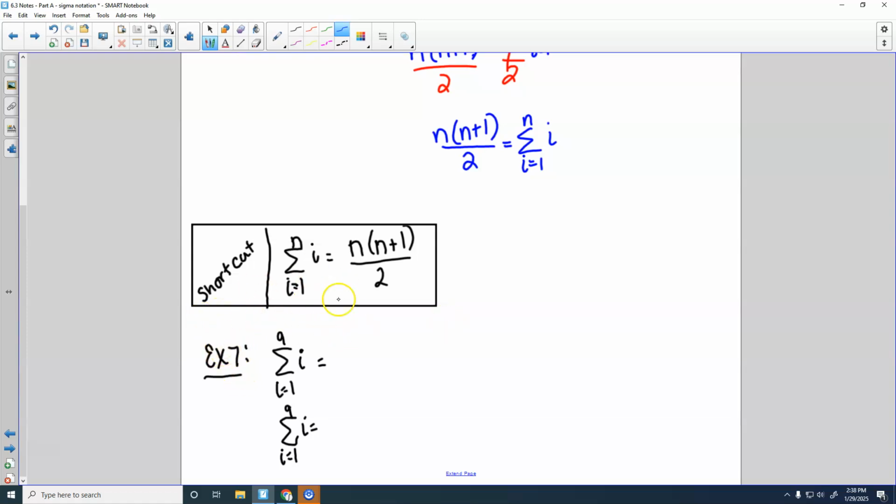So like if I look at example 7, I've got it written twice because there's 2 ways you could do it. You could do it like I showed you already. You could do 1 plus 2 plus 3 plus 4 plus 5 plus 6 plus 7 plus 8 plus 9. That is one way to do the problem. And if I add those together, let's see, I got 10, 20, 30, 40. I think you get 45.